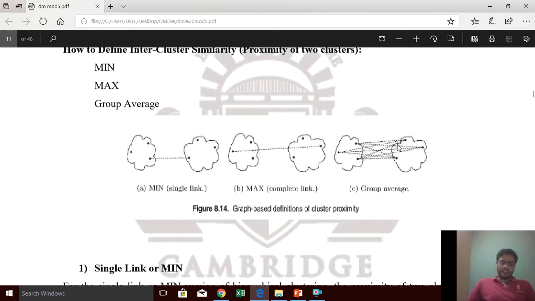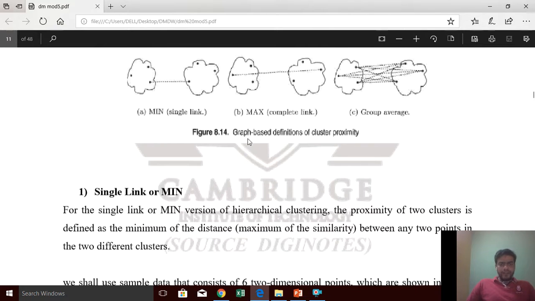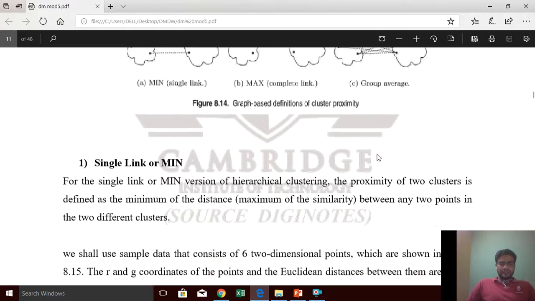For group average, we check all the distances from cluster 1 to cluster 2, take the average, and define that as the distance between the two clusters. Every point is taken into consideration, and depending on the number of points available, we take an average. This is the graph based definition of cluster proximity.